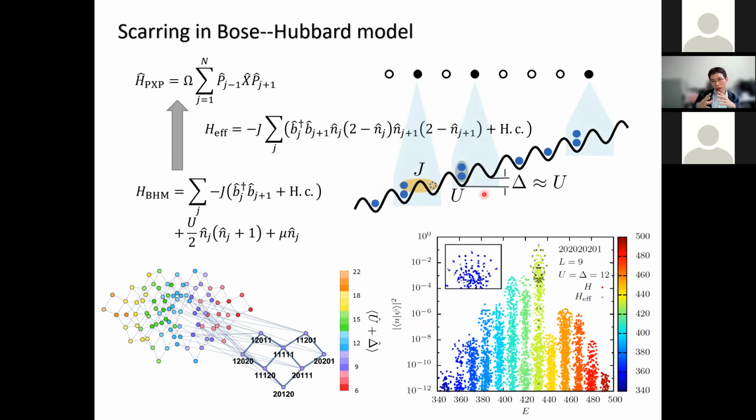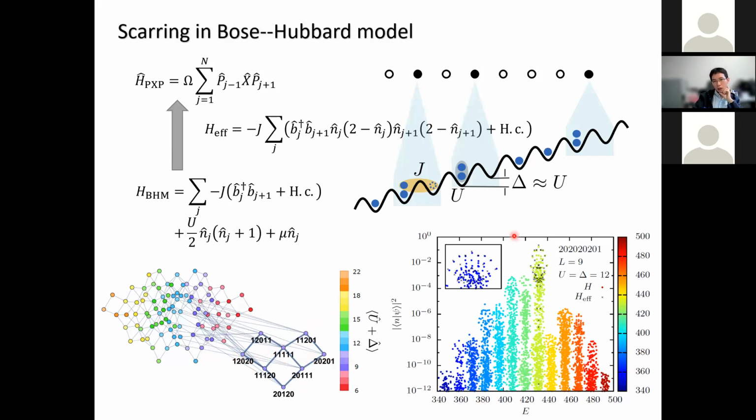So a subsector of the PXP space will emerge out of the full Bose Hubbard Hilbert space, and if you prepare your state here, it is going to oscillate between these two ends of your subspace.